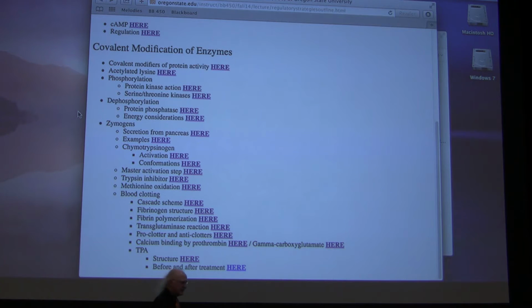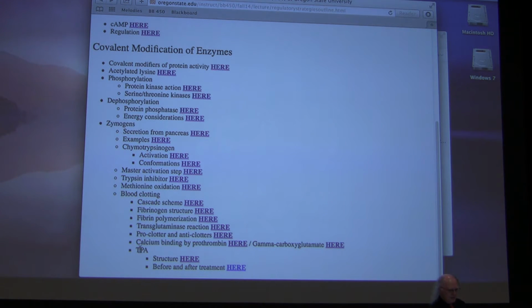It's called plasminogen. So plasminogen, of course, is the inactive form of plasmin. And then the question is, how do we activate plasminogen? We activate plasminogen with an enzyme known as tissue plasminogen activator, or something you're more likely to call TPA. That's what's on the screen right here.